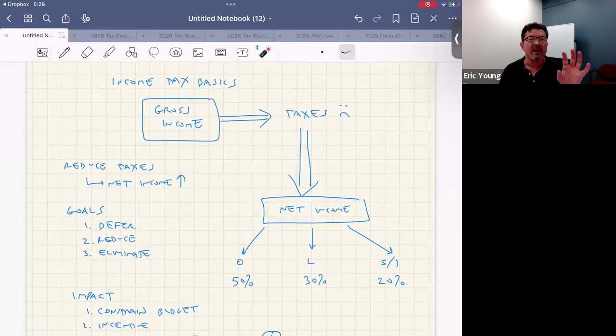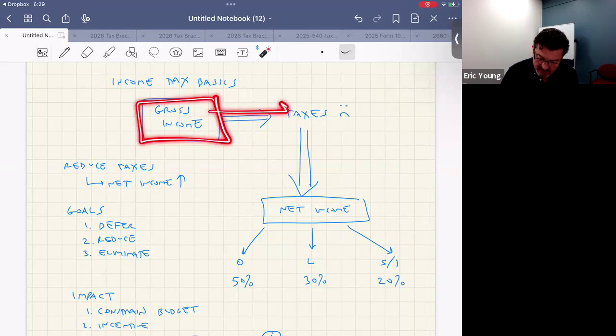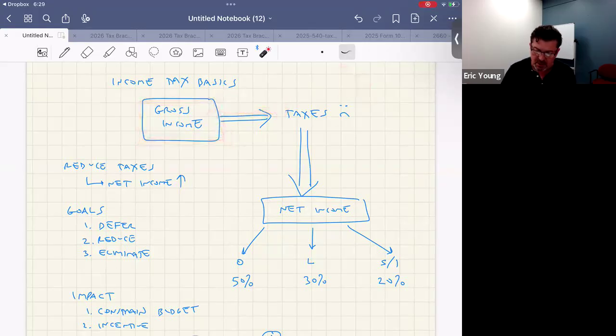If between your FICA, your federal, and your state income taxes, between those big three, let's say a third of your income is taxed, that means that 1/3 goes here. And only 67% of what you actually labored for do you get to use for yourself.